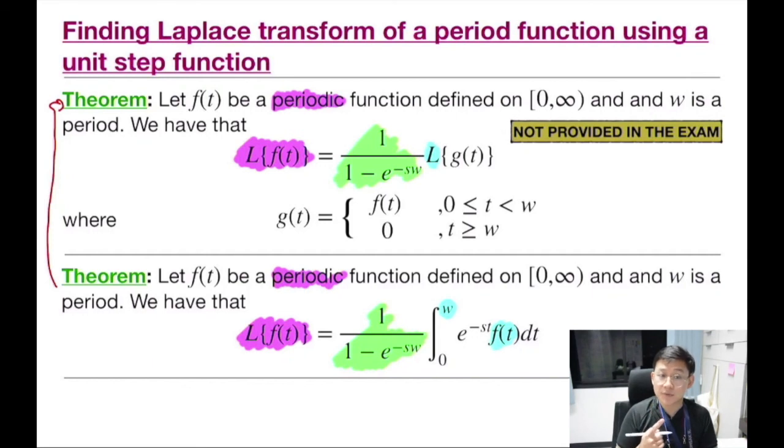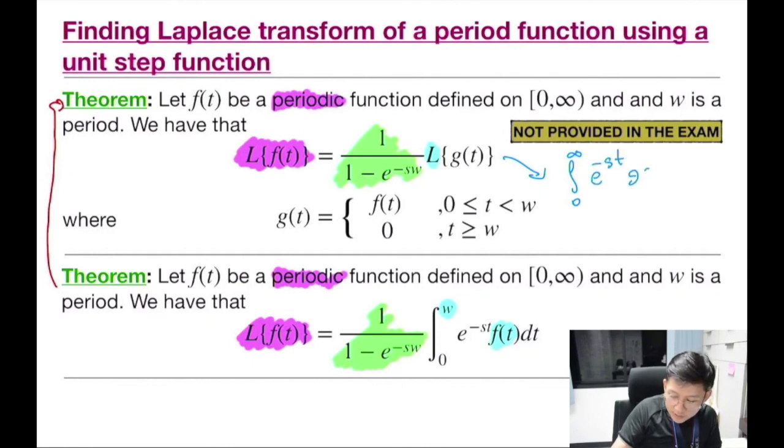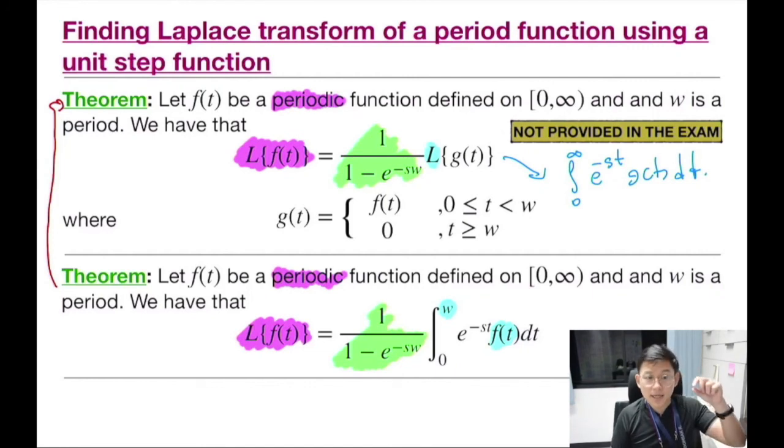What is the Laplace transform of g(t)? It is the integral from 0 to infinity of e to the minus st g(t) dt. But why are they the same? Because one integrates 0 to infinity and the other integrates 0 to w.